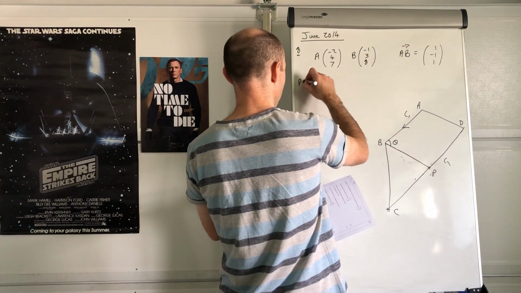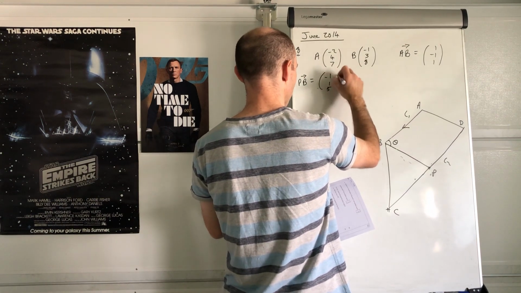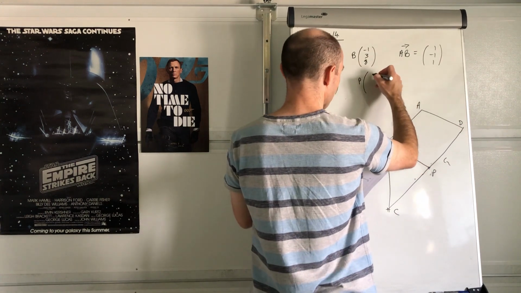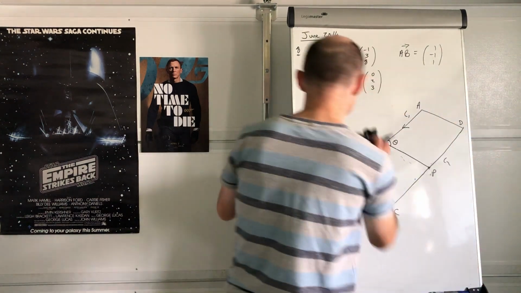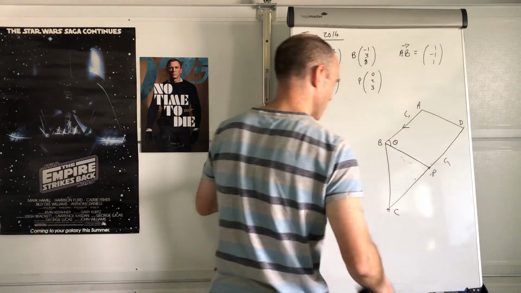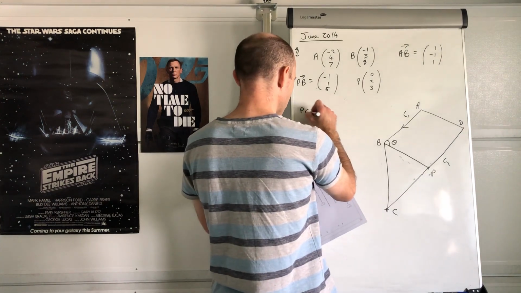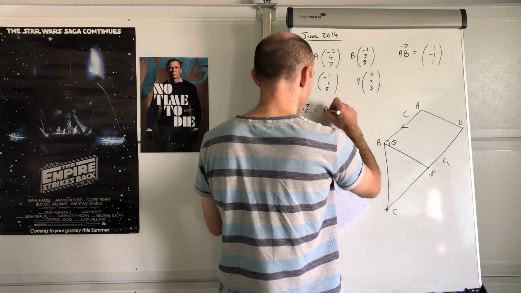So PB, that was negative 1, 1, 5. Let's write the position vector of P as well. That was 0, 2, 3. All right, so P to C. We're told that that's going to be the same as A to B, aren't we?